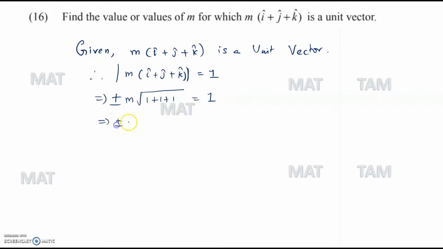So we can say plus or minus m into root 3 is equal to 1. So this implies that our m is equal to plus or minus 1 by root 3. So that's the value of m, or the values of m.